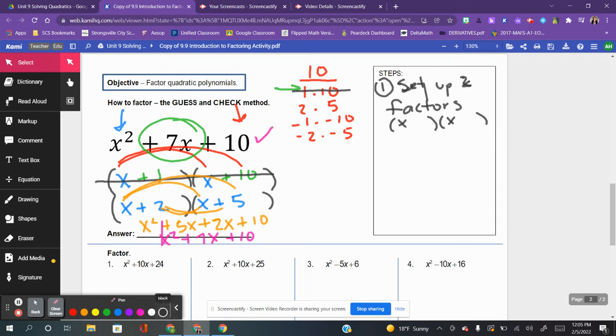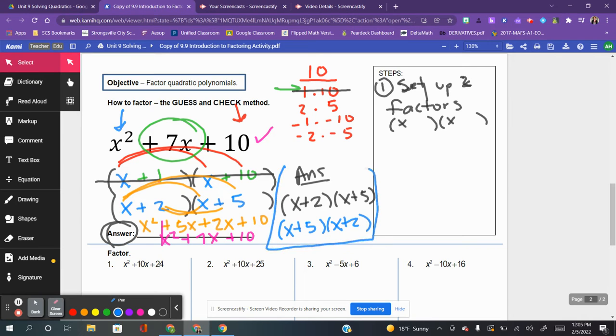And so my final answer, which says I should write it there, but I'm out of space. And so my final answer are the factors that work. It says to factor, and so I'm going to say x plus 2 and x plus 5. By the way, I could have written this as x plus 5 and x plus 2. And if I distribute that out, I get the same thing. So your answer is either of those.